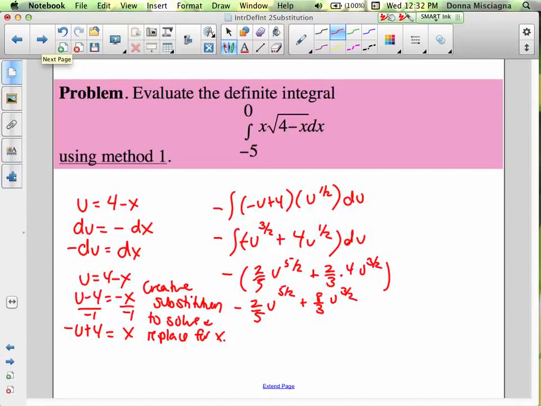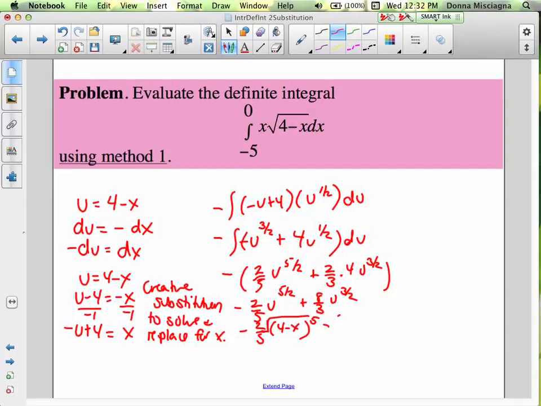And now we got to substitute back, which was the 4 minus x. So we have negative 2 fifths (4 minus x), which I'm just going to rewrite as a square root, all raised to the 5th power. And then plus, oh, might as well make that a minus. May as well distribute the negative.